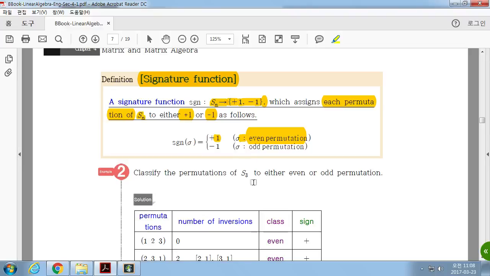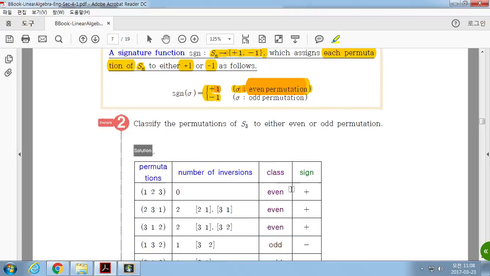If sigma is an odd permutation, then the signature of sigma is going to be -1. So when we have a permutation, we can figure out whether it is an even or odd permutation, and then we can find the value of the signature of that particular permutation among the n factorial permutations on S.